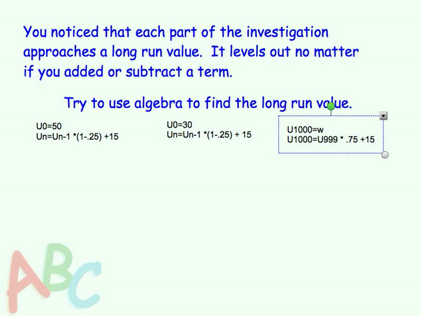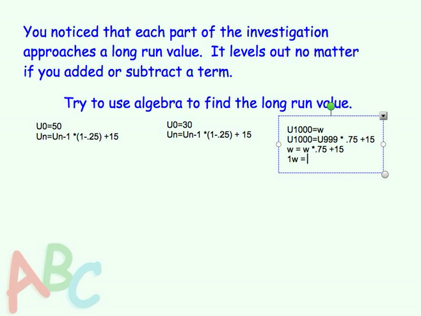All right? So let me replace a couple of things. Well, u sub 1000 right there is equal to W, so I'm just going to replace that with W. And that will equal W times 0.75 plus 15, because it levels out, so the term before that has to be the same. Now this is just an algebra problem. Let me rewrite this. W really means 1W.